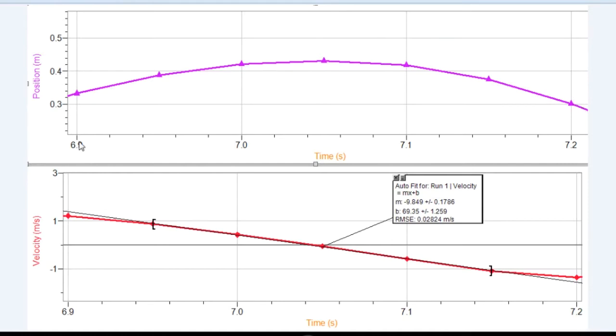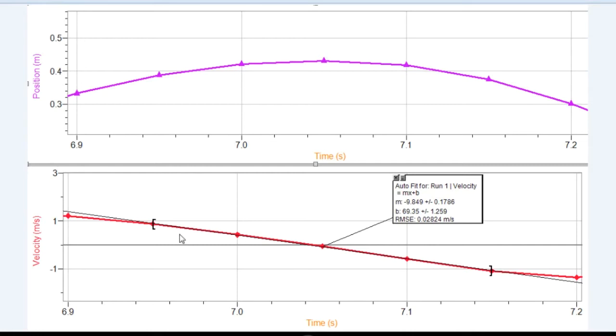And this happens in a time interval from 6.9 seconds to 7.2 seconds from the time I pushed the start button on the LabQuest. In the velocity graph, if we look at this section of free fall, that is the time the can was only in the air, not under the influence of my hand at all, but only under the influence of gravity, that time of free fall, I can look at the velocity time graph, and I can, first of all, I see that it's a straight line, indicating that I have constant acceleration.